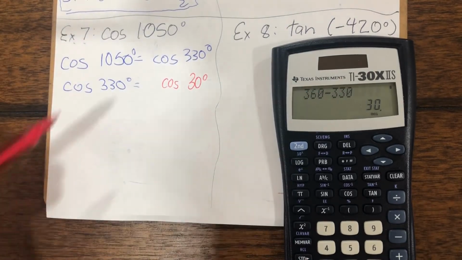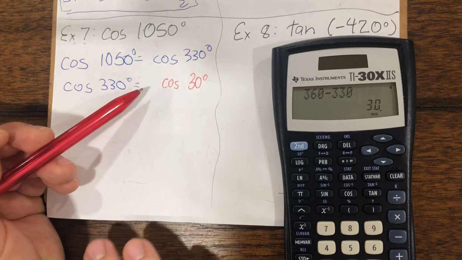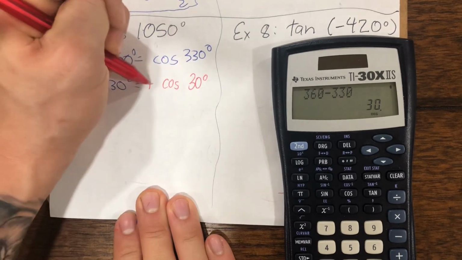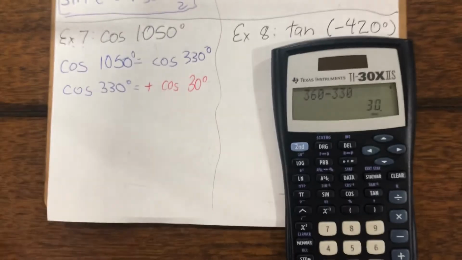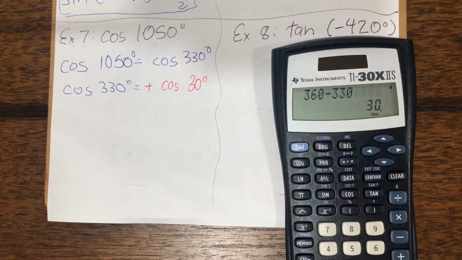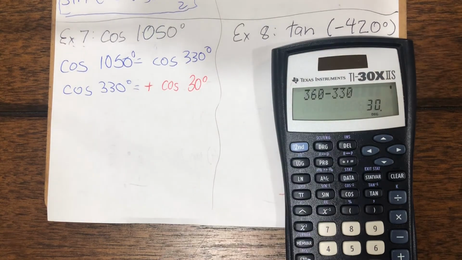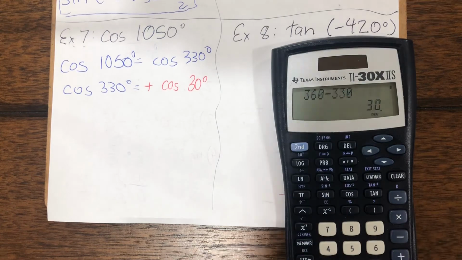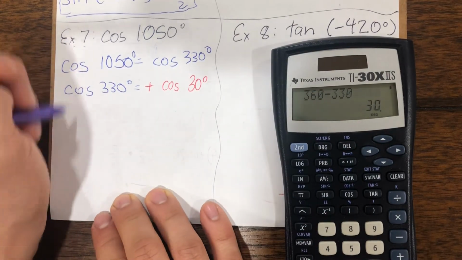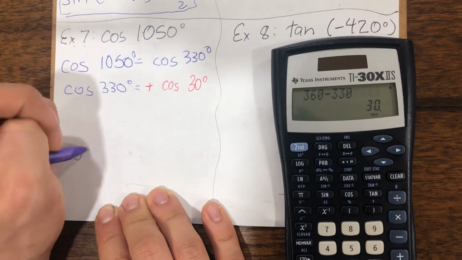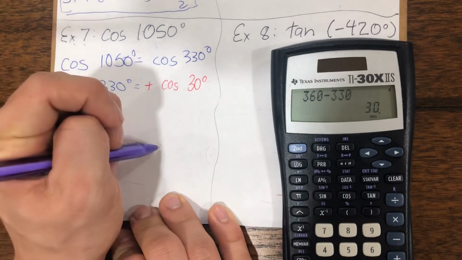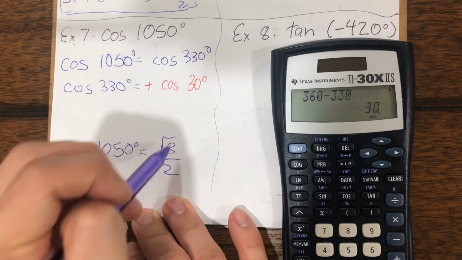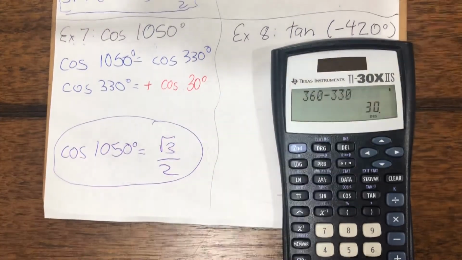So cosine of 330 degrees is equal to a positive cosine of 30 degrees, which also equals cosine of 1,050 degrees. So the cosine of 1,050 degrees is going to equal root 3 over 2. And that's my final answer.